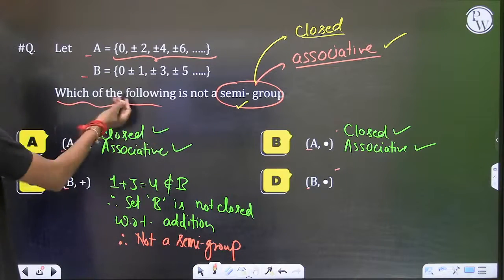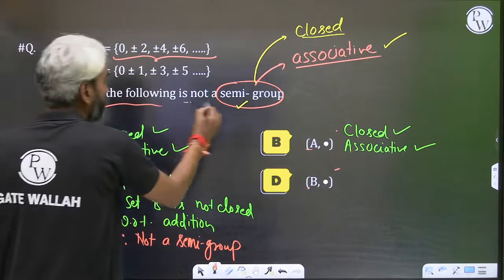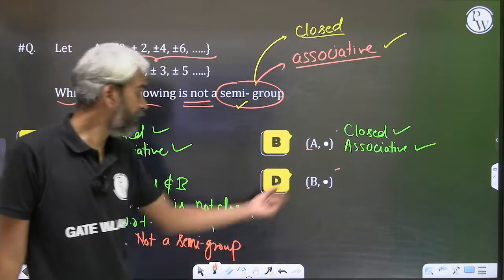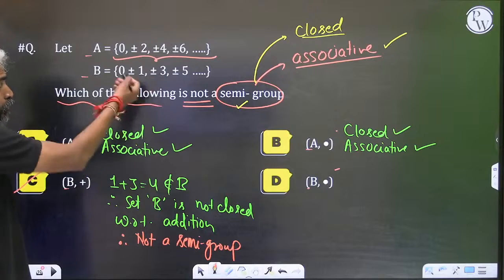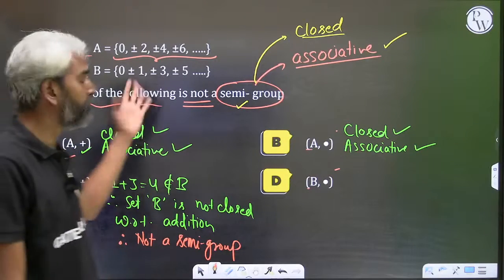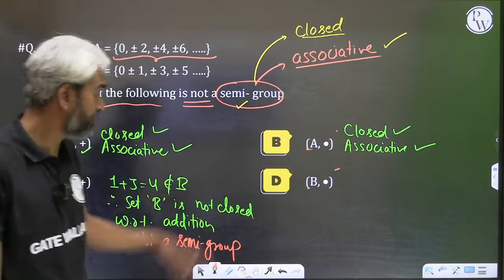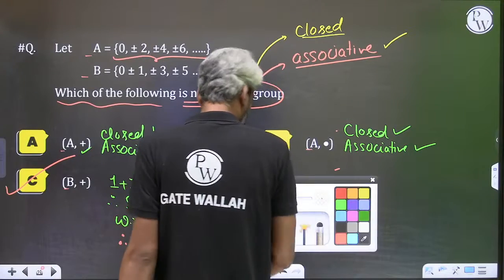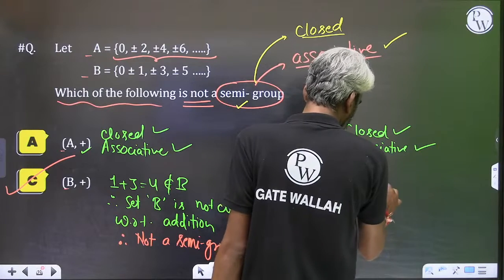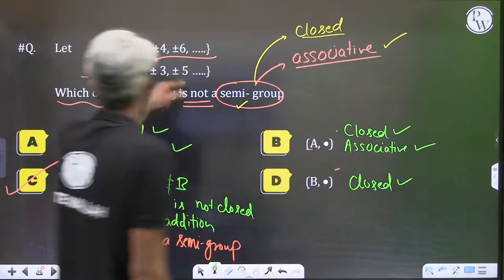So, that's what it is asking: which of the following is not a semigroup? So, option C is the correct answer. Now, let's look at option B. If you take any two odd integers and multiply them, the result will also be an odd integer. Is it closed? Yes, it is closed. Take any two odd integers or 0.